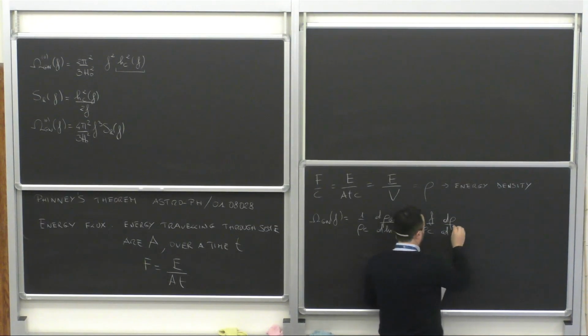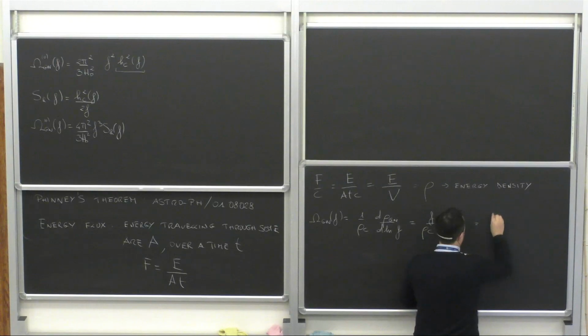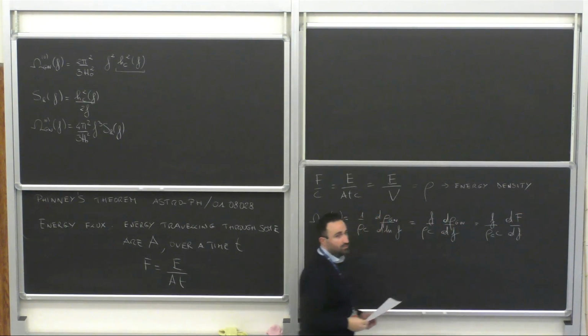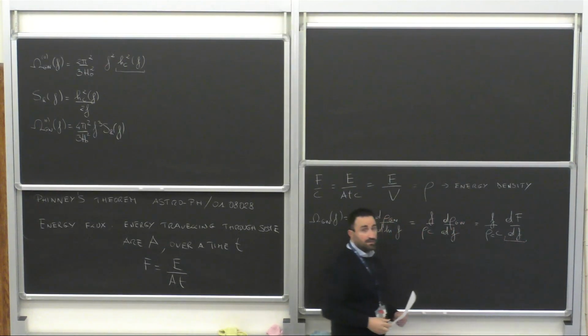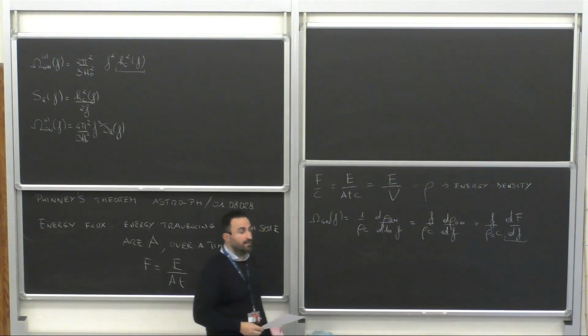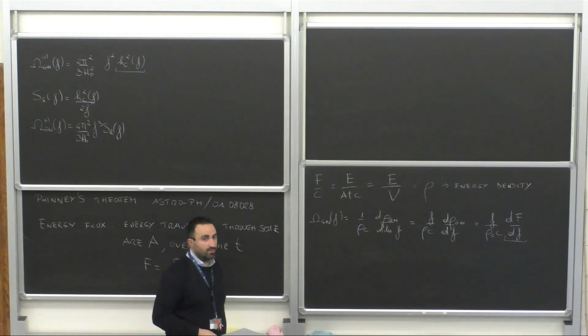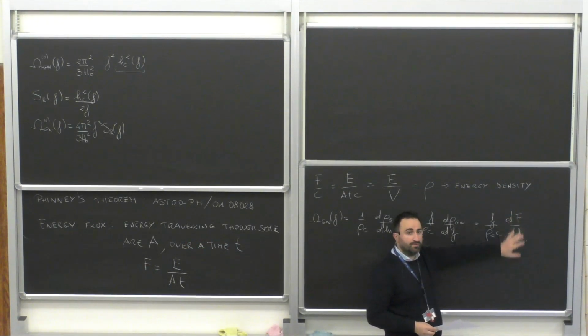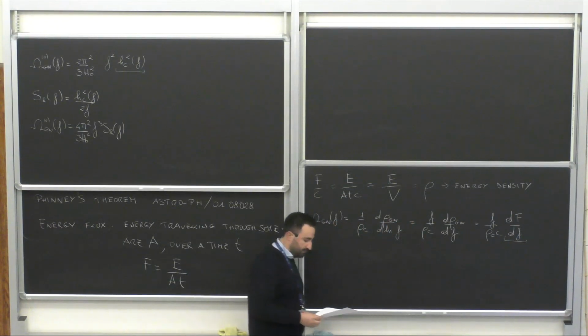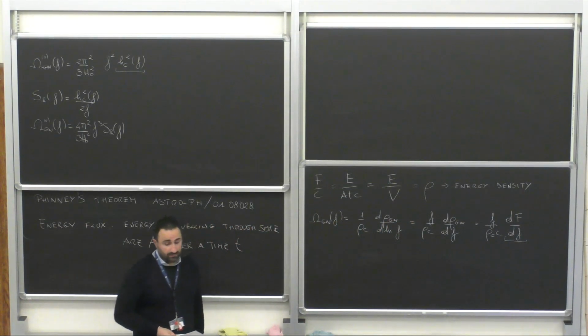So this means that this is rho_c times df over f. So what you just need to compute is the sum of all the contributions to the variation of the flux in frequency.